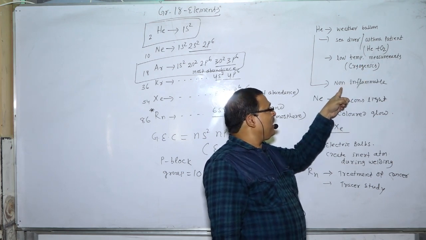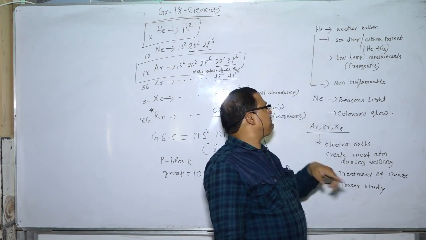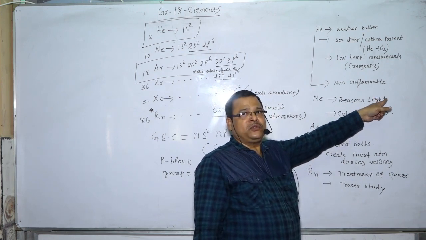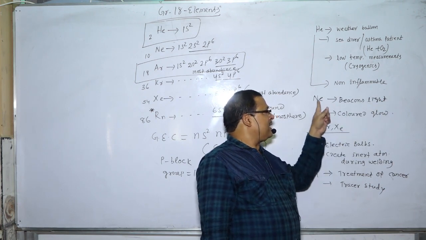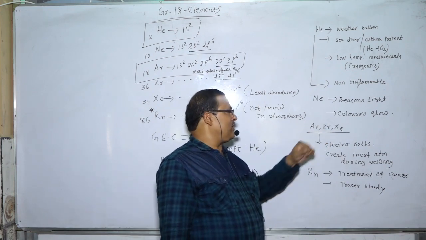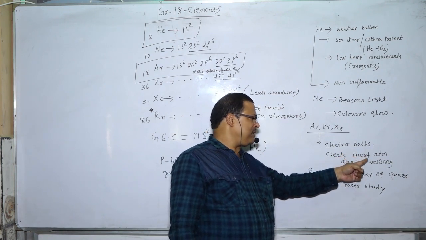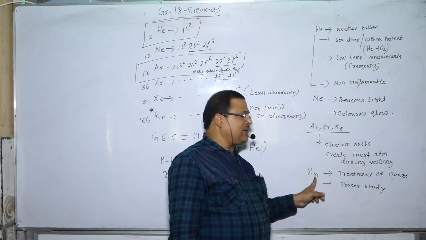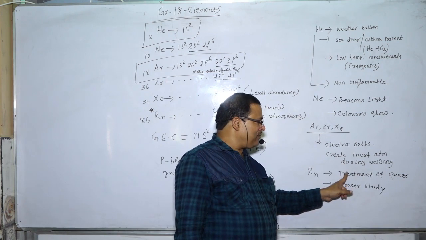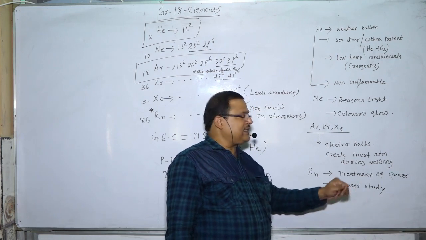Because of its non-inflammability, we use helium instead of hydrogen. Neon is used in beacon light because it can penetrate through fog, and it has the ability to produce colored glow. Argon, krypton and xenon are used in electric bulbs and to create an inert atmosphere during welding. Radon is radioactive; it produces alpha, beta and gamma radiations, and is meant for the treatment of cancer and for tracer study.